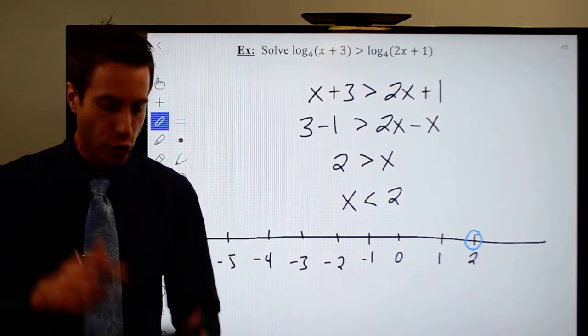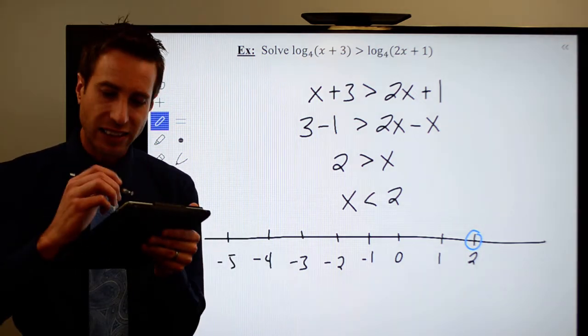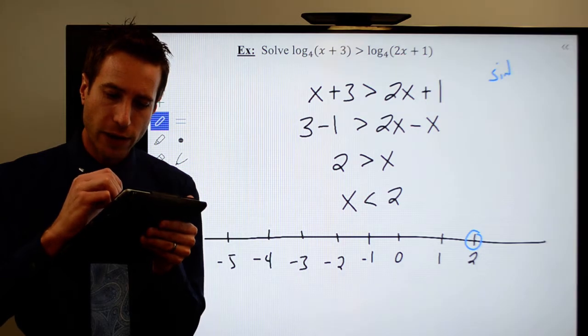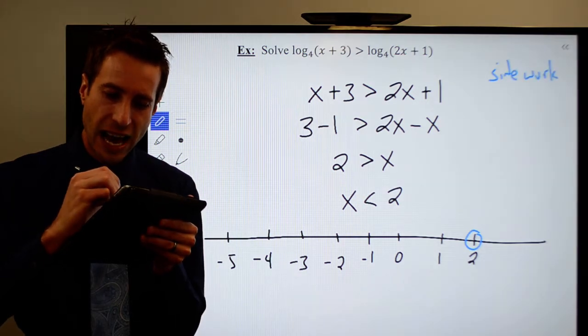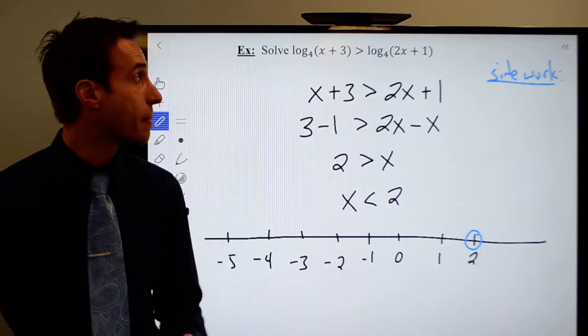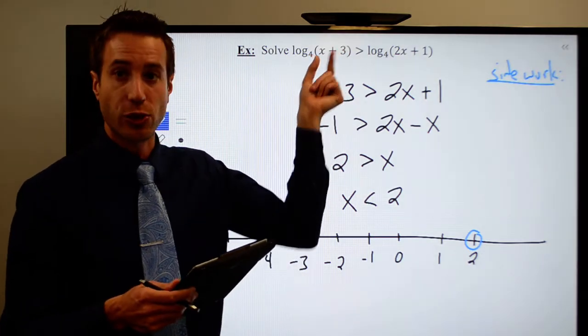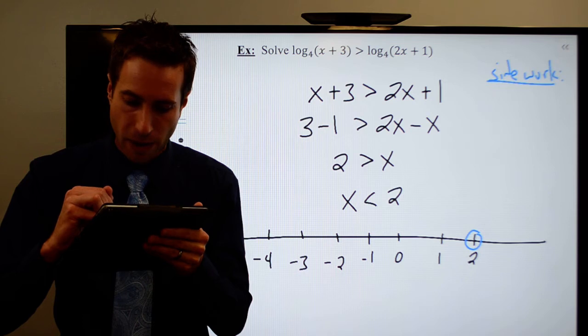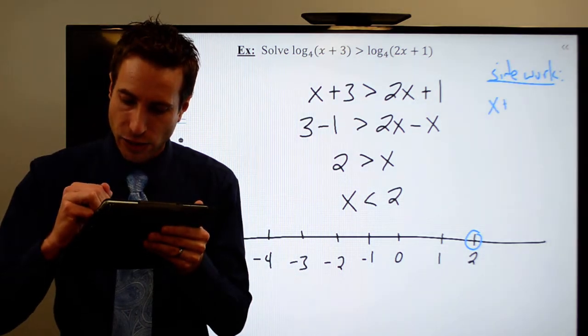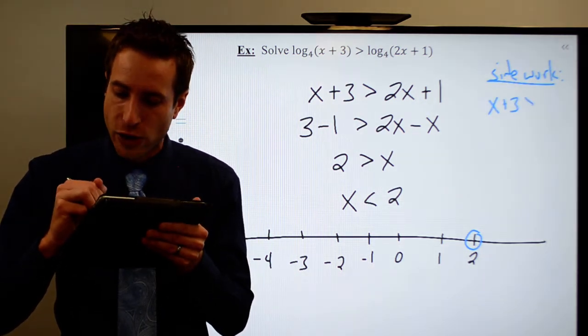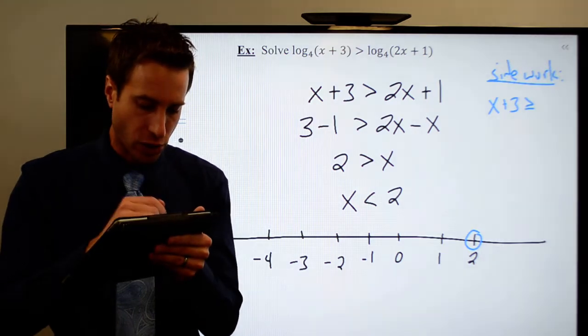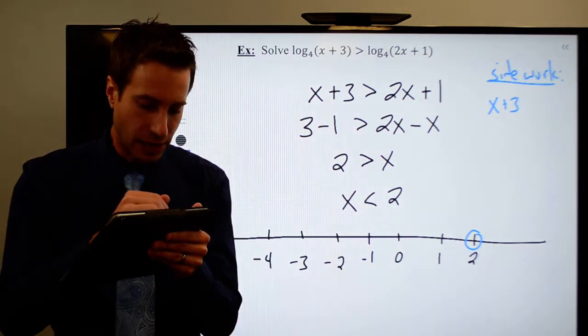And here's how you're going to do it. Just do a little bit of side work right over here and figure out if you need to restrict your domain. You need this argument, x plus 3, to be a positive number. x plus 3 has to be greater than, sorry, greater than 0.